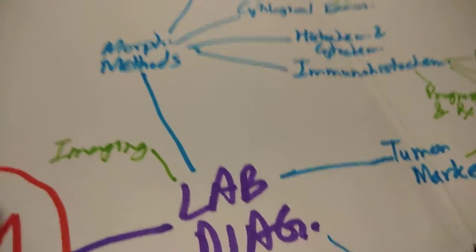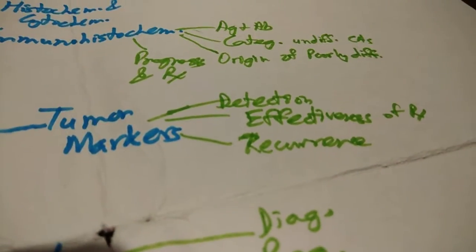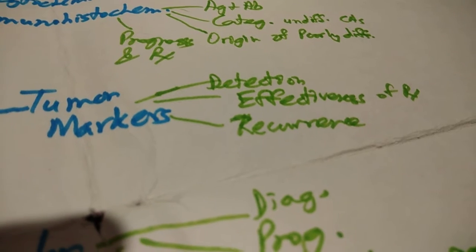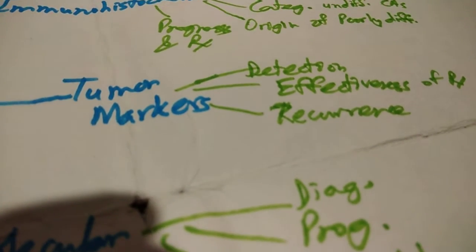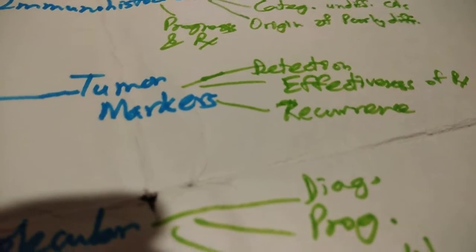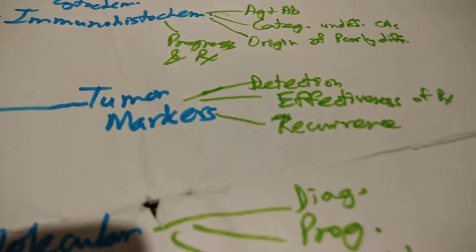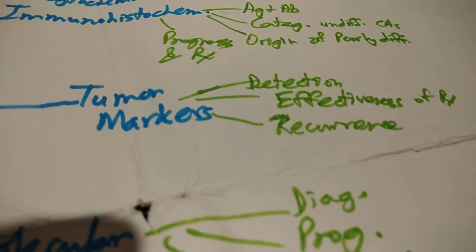Now you have something also called tumor markers, right? Tumor markers help with detection, effectiveness of treatment, or potential recurrence. An example of a tumor marker is PSA, that's prostate specific antigen. It's generally an indicator of any prostate involvement, whether it's infection of the prostate or malignancy of the prostate. All right, that's tumor markers.